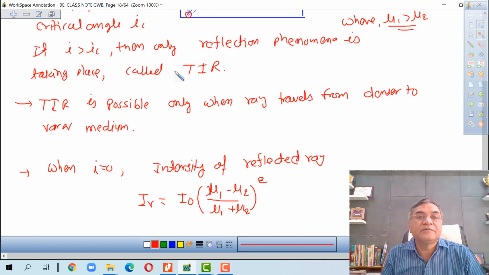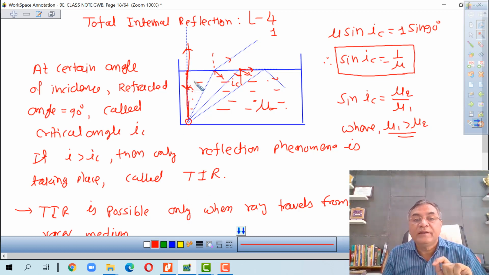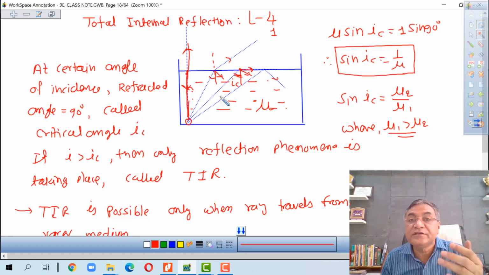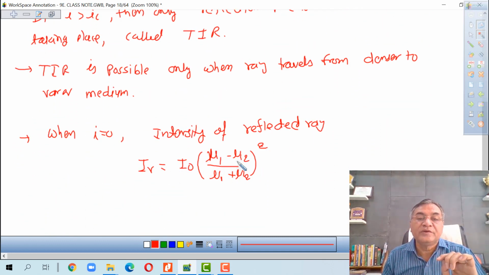ક્યાં આગળ ફરી વાર તમને કહું છું, જ્યારે અહીંયા આગળ ઇન્સિડન્ટ થાય તો મોટાભાગનું બહાર જતું રહેશે, અમુક રિફ્લેક્ટ થશે, એની ઇન્ટેન્સિટી આટલી હોય. And as angle of incident increases, intensity of reflected ray also increases. જેમ એંગલ વધતો જશે, રિફ્લેક્ટેડ રેની ઇન્ટેન્સિટી ઇન્ક્રીઝ થતી જાય છે. નોર્મલ હોય ત્યારે એટલી હોય, IR is equal to I0 (mu 1 minus mu 2 upon mu 1 plus mu 2) whole square.